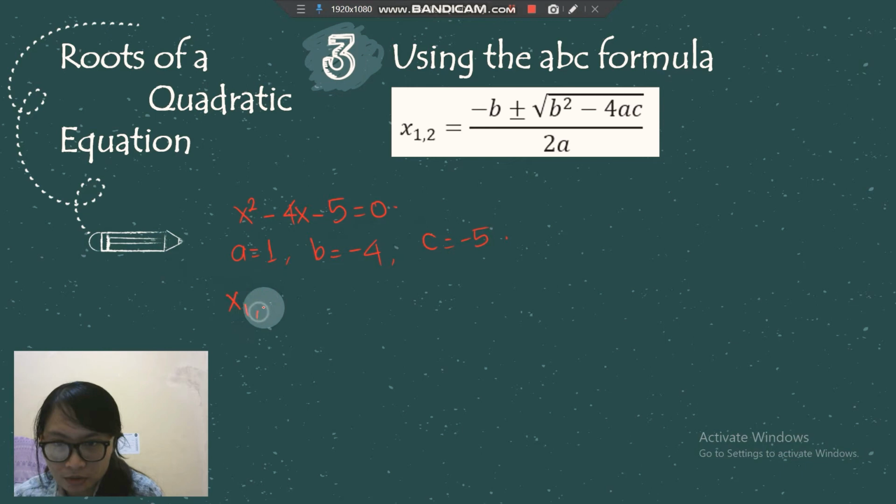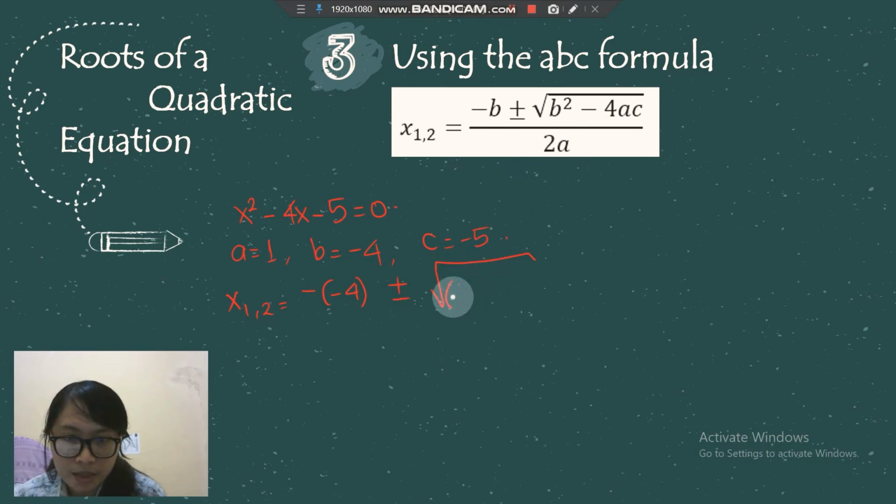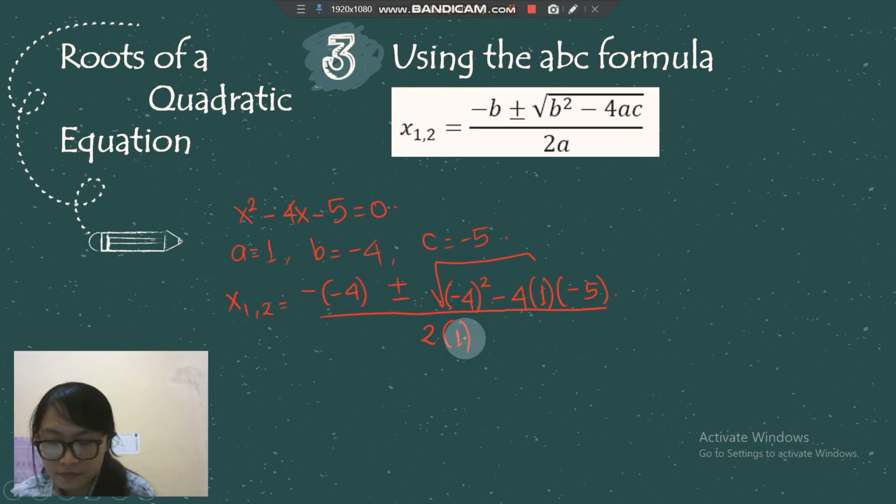So x1,2 equals minus b, minus of minus 4, plus minus square root of b squared, minus 4 squared, minus 4 dot 1 dot minus 5, divided by 2 dot a, 1.